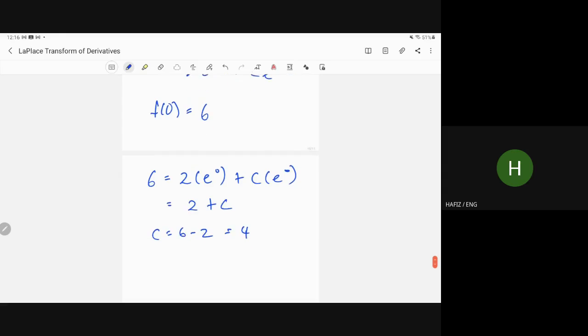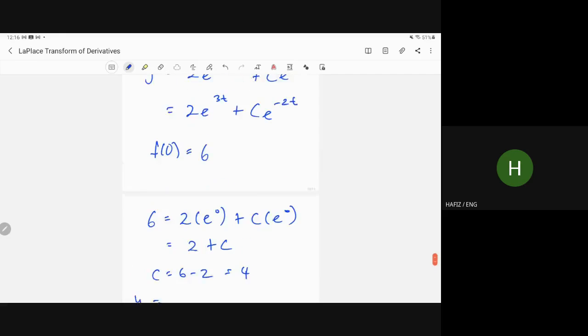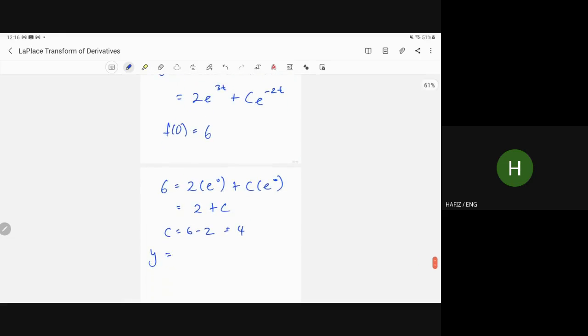So put that in the original equation here. y is 2e^(3t) plus 4e^(-2t). So that's the answer when you use the calculus method.